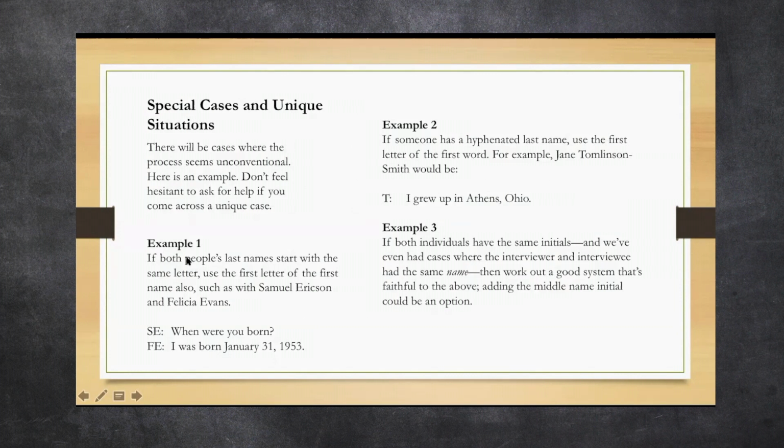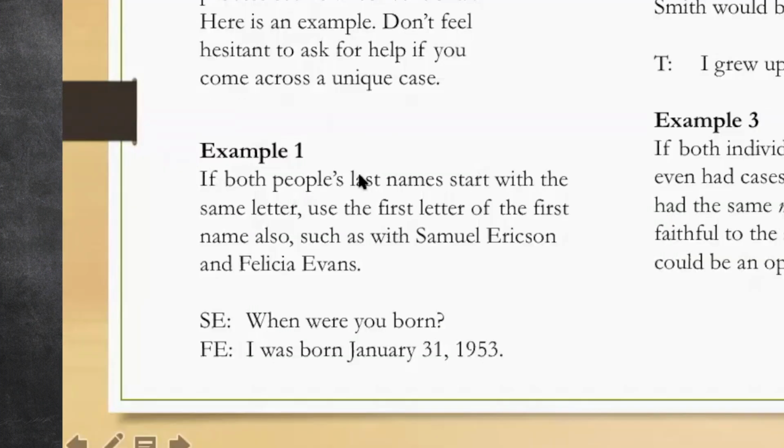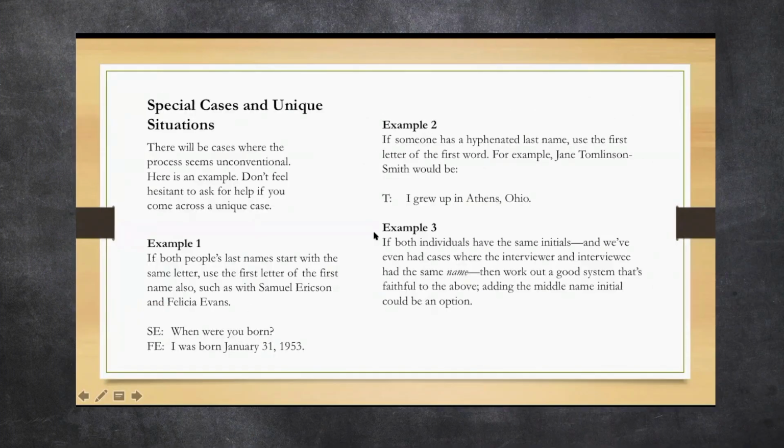For this example, if both people's last names start with the same letter, use the first letter of the first name also. Samuel Erickson and Felicia Evans both start with E, so you put the first letter of the first name: S-E, F-E. That's how you distinguish. If someone has a hyphenated last name, you use the first letter of the first word.